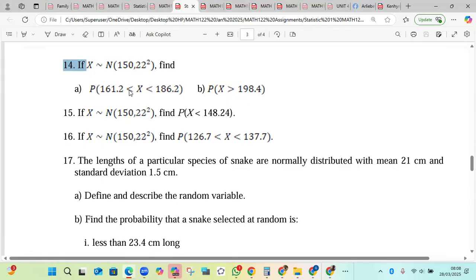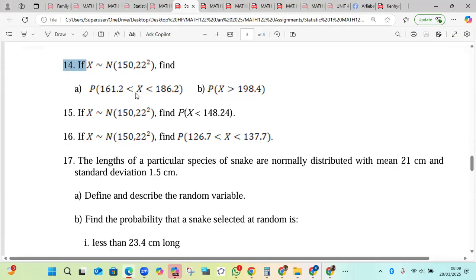The shaded region will be to the right of 150. So our final answer will be less than 0.5, because the area of half of the curve is 0.5, and we are trying to find a section in that right half, which will be smaller than 0.5.